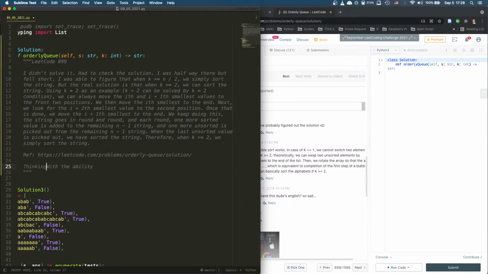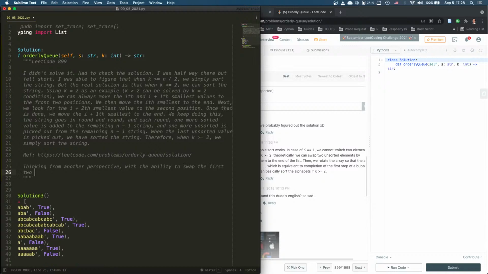Thinking from another perspective, with the ability to swap the first two elements, what we have is the same platform as bubble sort.